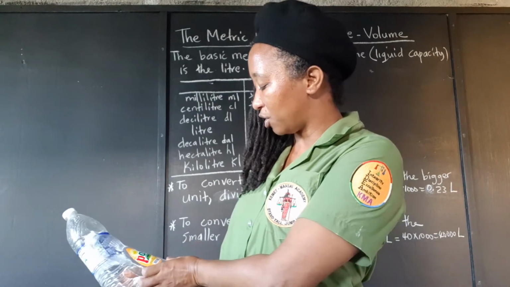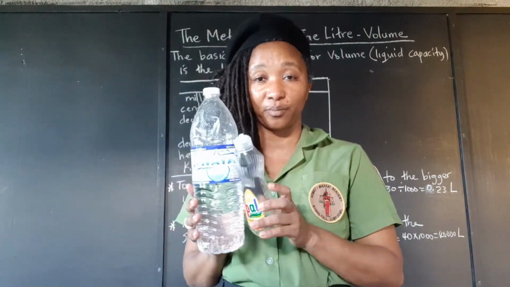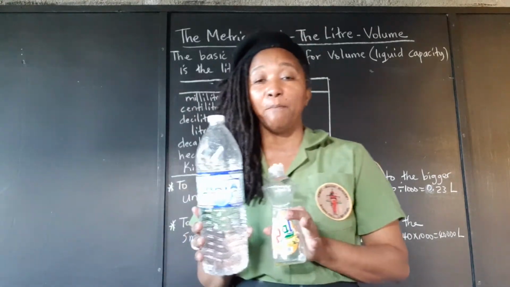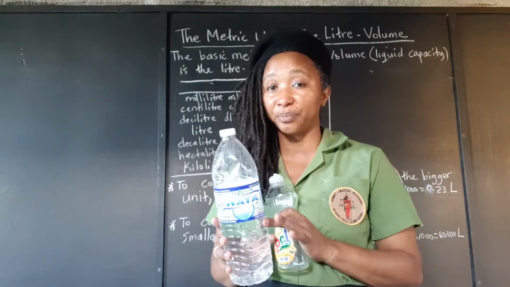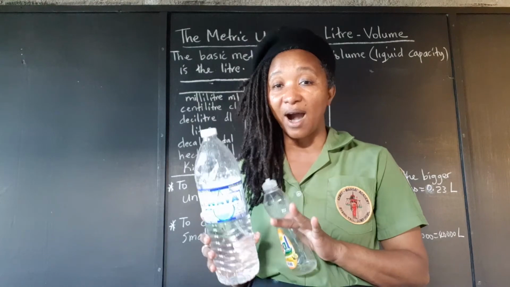This says 340 milliliters. 1000 milliliters make 1 liter, therefore 500 milliliters would make half a liter.